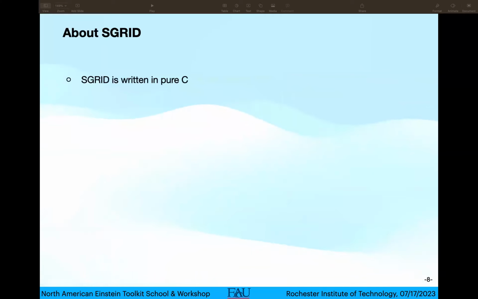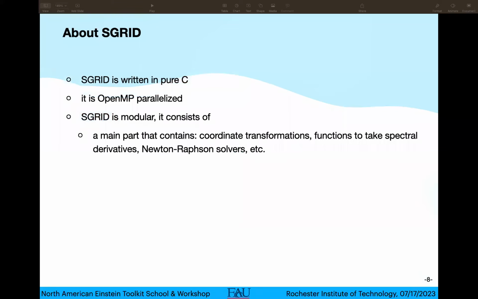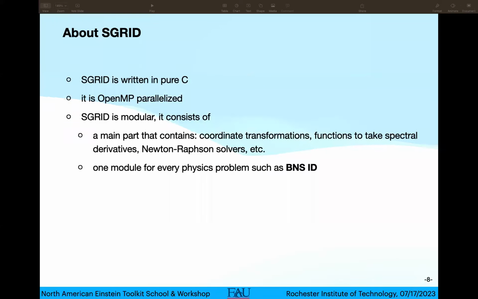So it is a numerical code written in pure C. It is parallelized and it's modular. In principle, it contains two modules. The one is, let's say, the core module, which is responsible for all the hard work like solving differential equations, some Newton-Raphson procedures, some spectral decomposition, and so on. But there's another component, and in this case, this component is something we are using to generate binary neutron star initial data.